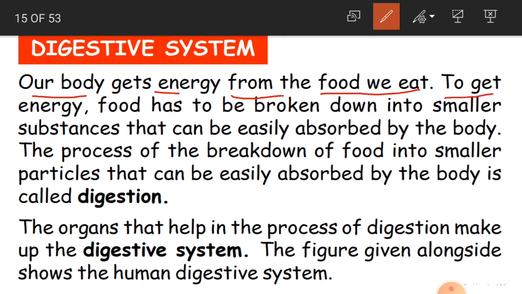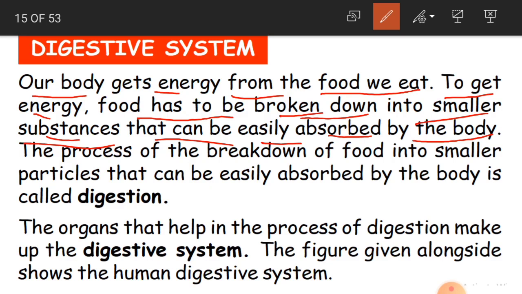And to get energy, food has to be broken down into smaller substances that can be easily absorbed by the body. It is not that we eat food and we get energy. After eating, the food has to get digested. It has to be broken down into smaller substances.